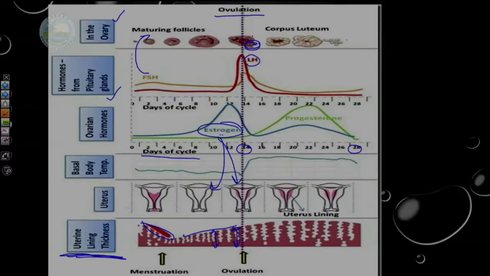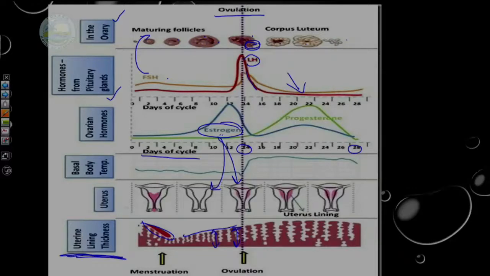Luteinizing hormone is responsible solely for ovulation, so that encourages the Graafian follicle to burst and the ovum is released. So we have this massive surge in LH here, and both of these hormones drastically reduce after ovulation. And then of course we have progesterone, which is released from the corpus luteum.